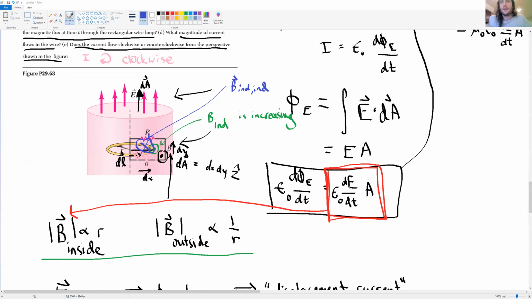Okay, Sean, what are you saying here? So B is into the screen within the current loop. So the opposed field is towards us, indicating a counterclockwise. How are you getting the direction of, you're talking about the green magnetic field?